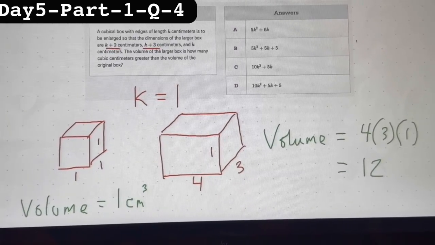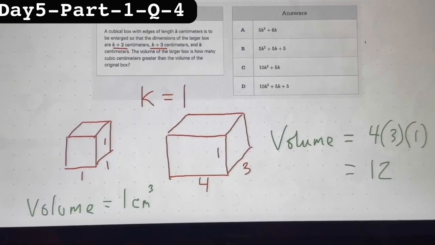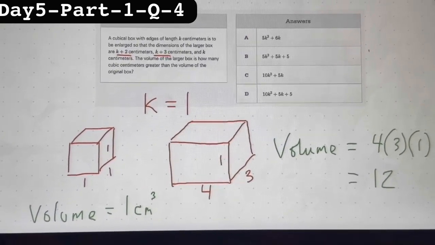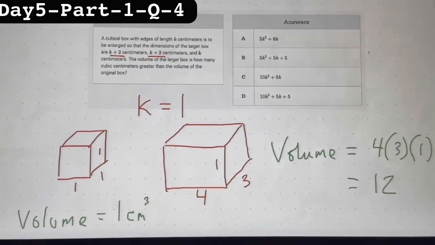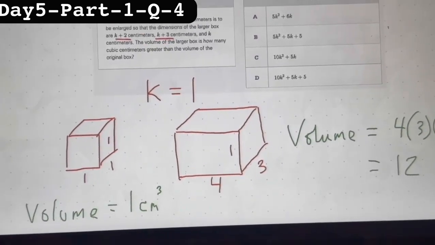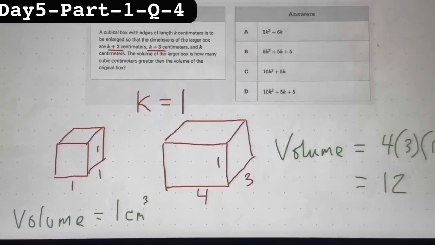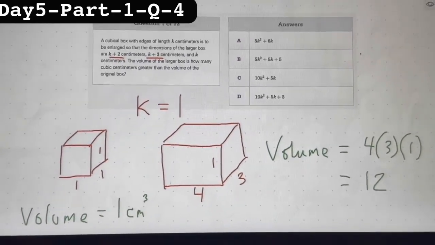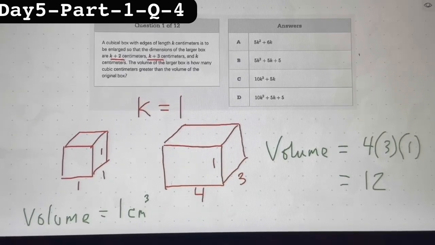Now remember, the question is asking for the volume of the larger box, the big one, is how many cubic centimeters greater than the volume of the original box? How much bigger is it?